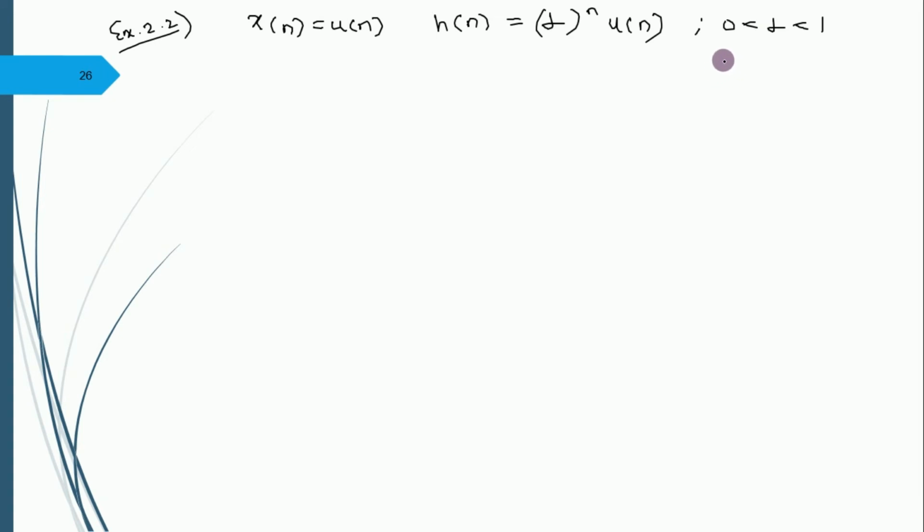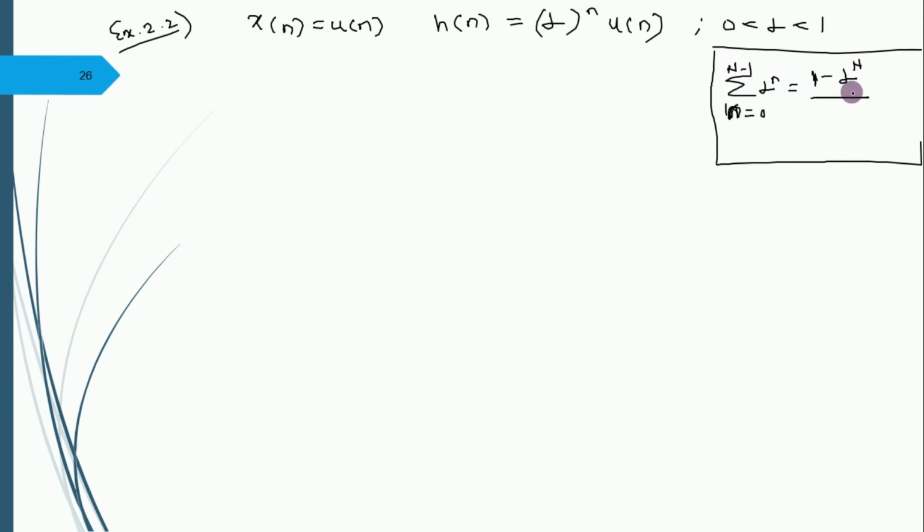Because there is a standard form. I'll write the standard form here. Summation n equal to 0 till N minus 1 of alpha raised to n. The formula is 1 minus alpha raised to capital N, where N is upper limit plus 1, divided by 1 minus alpha, for alpha not equal to 1.